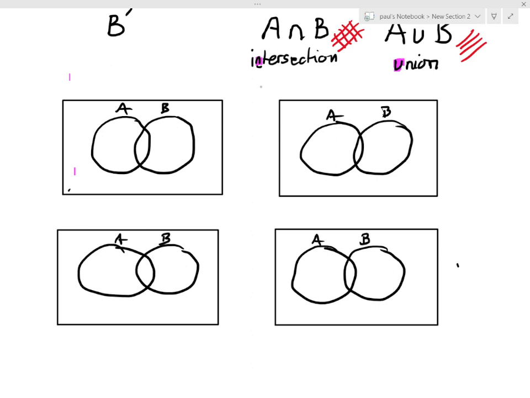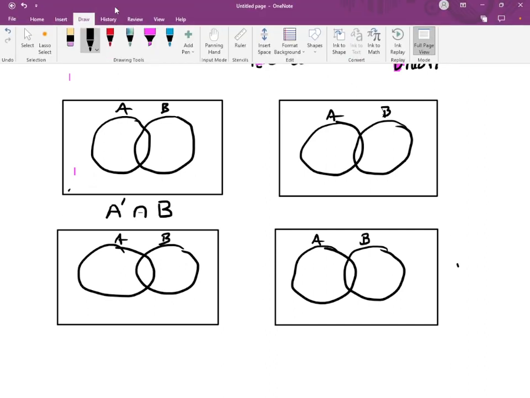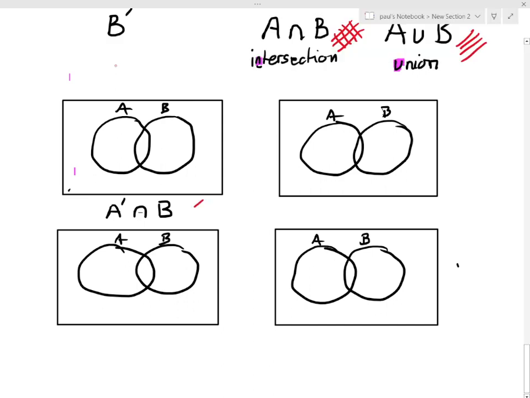Right, this one, everything that is not in A, intersection B. Right, intersection. We do this. Okay, not in A. So this is not in A. All this around the outside, and including that bit.